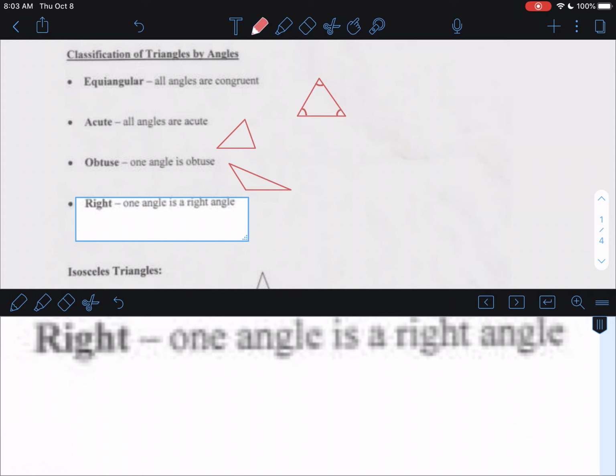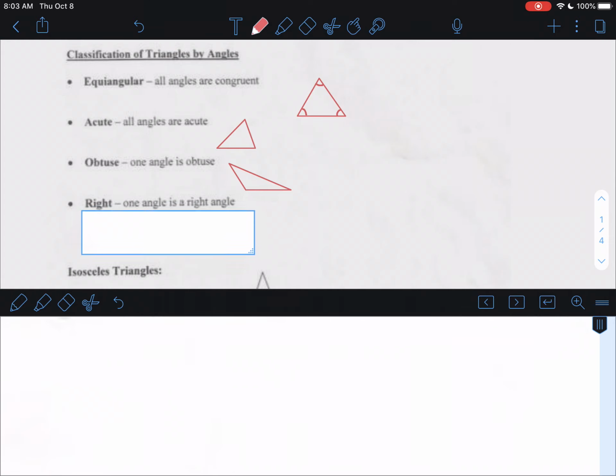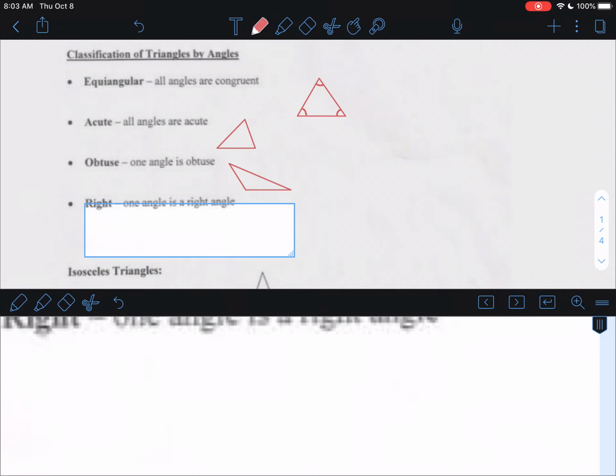All right, and then the last one is a right triangle. So in a right triangle, we have one angle that is going to be a right angle. So there's my right angle.